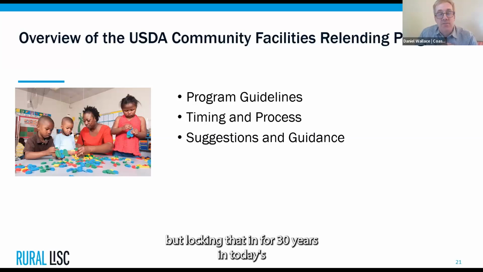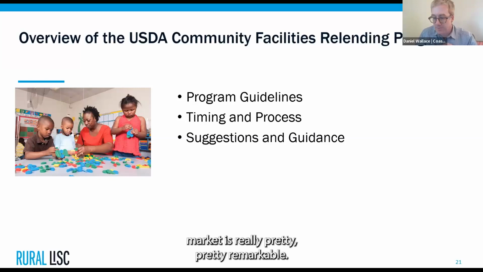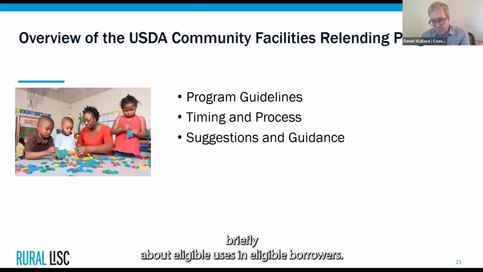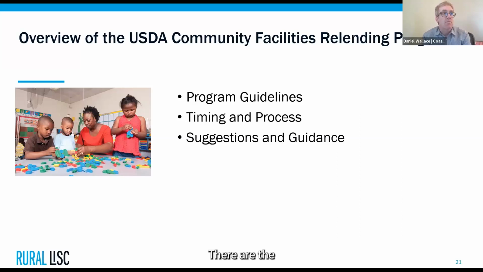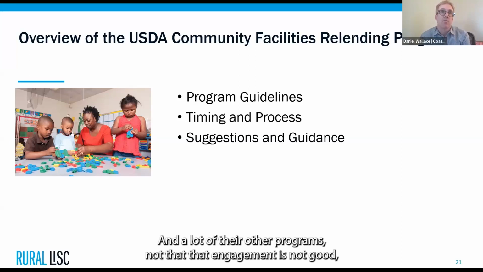But locking that in for 30 years in today's market is really pretty remarkable. The program guidelines, we've already talked briefly about eligible uses and eligible borrowers. The great benefit to this program is that USDA is much less hands-on than they are in a lot of their other programs.